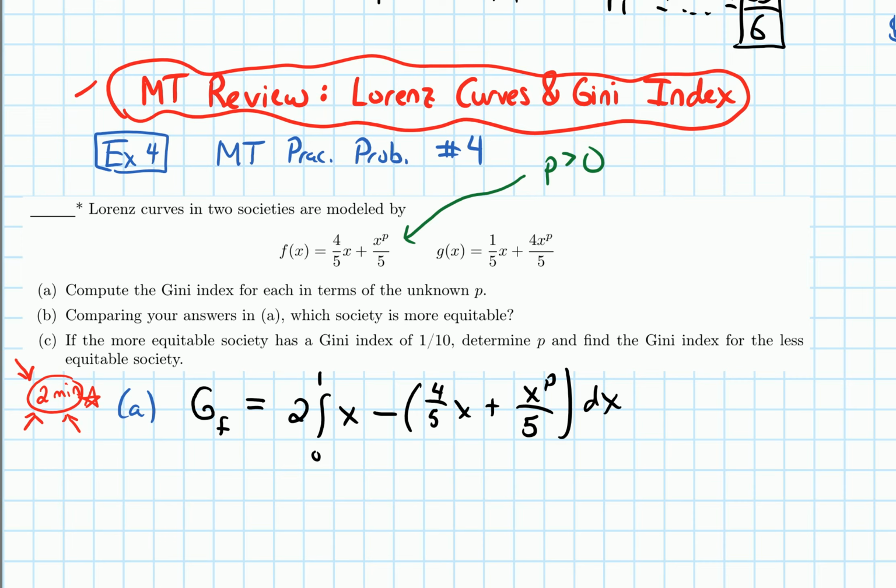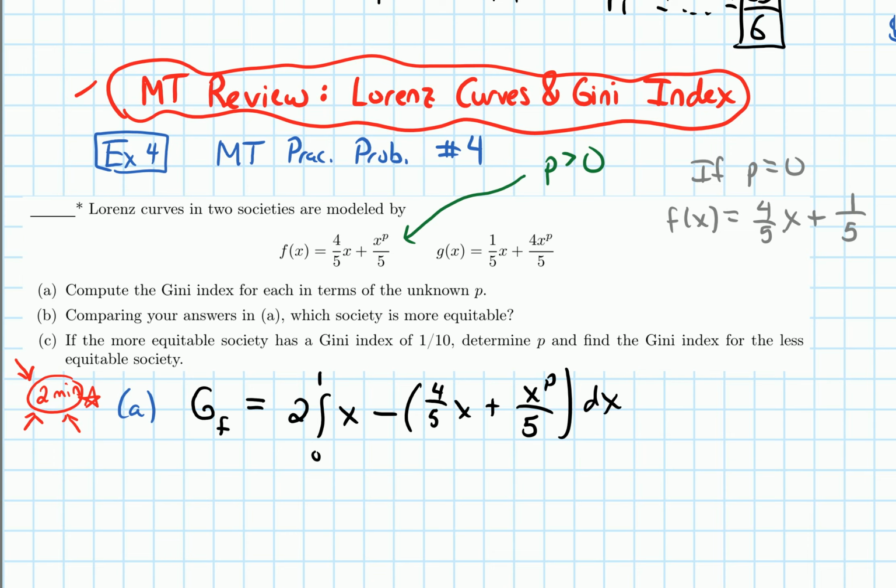And the reason why is that if P was 0, first off, f of x would be 4/5 x plus, and then I'd have something to the 0 power, which is 1. So I'd have 1/5.